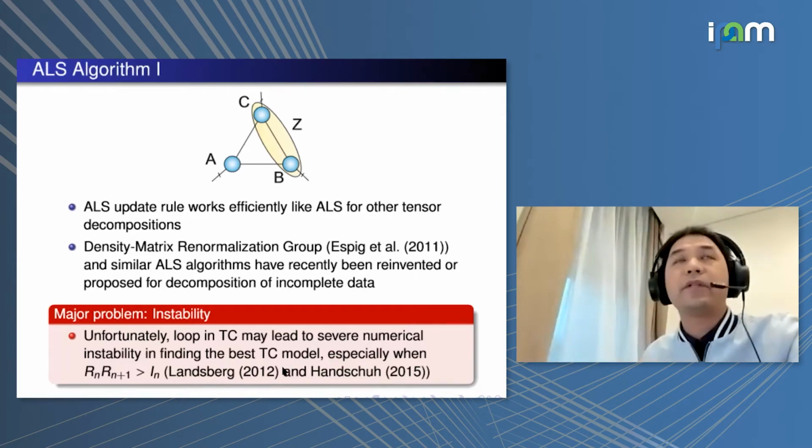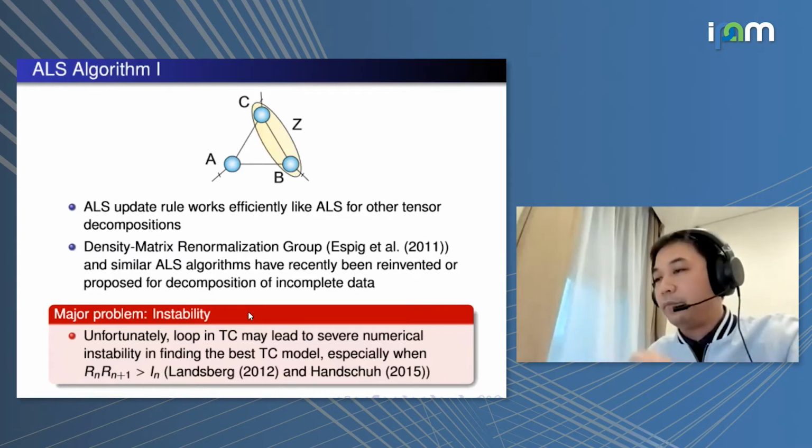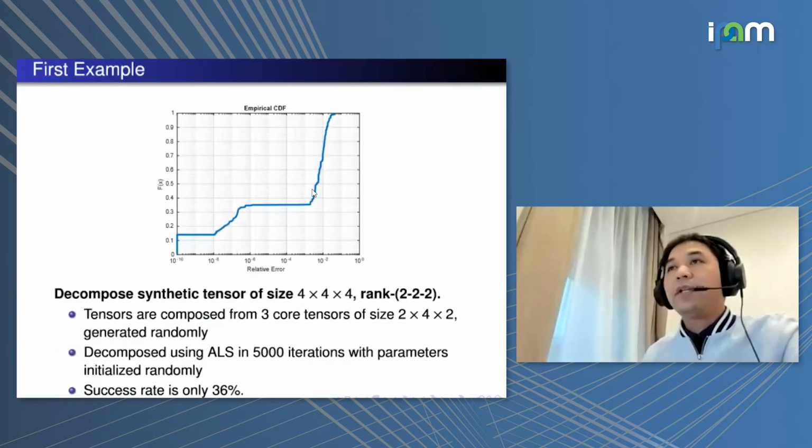The problem is very severe when we unfold the core tensor into a matrix and the second dimension is larger than the first dimension. In this case, the tensor decomposition becomes more unstable.